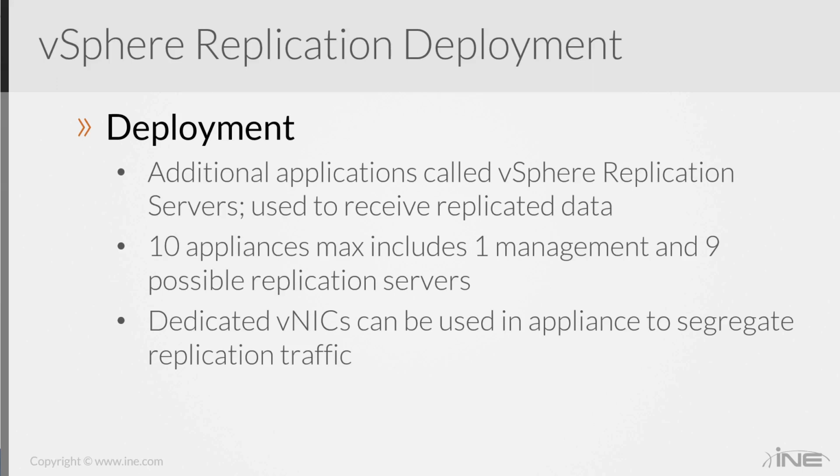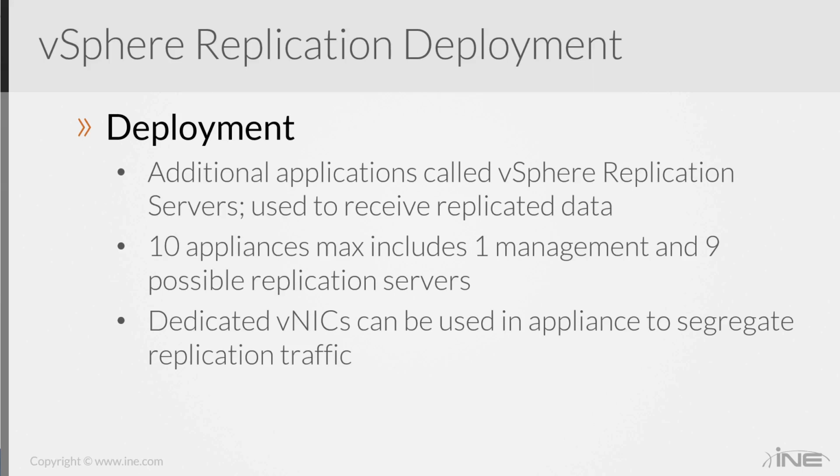replicating our VMs. What we can do is deploy additional vSphere Replication appliances if we have a large site, or if we're trying to replicate to multiple targets, that's when you would want to use multiple replication servers.